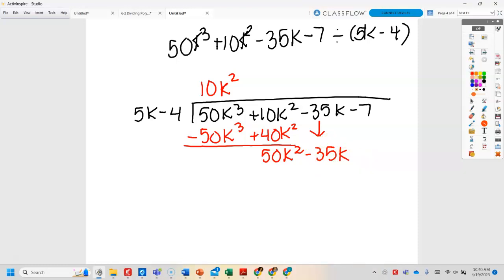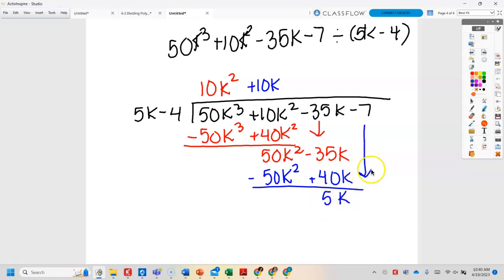What do I have to multiply 5 by to get to 50? Well, we already decided it was a 10. But now I only need k squared, so I only need a k. Change my signs. I get 0. 35 subtracted from 40 is 5.